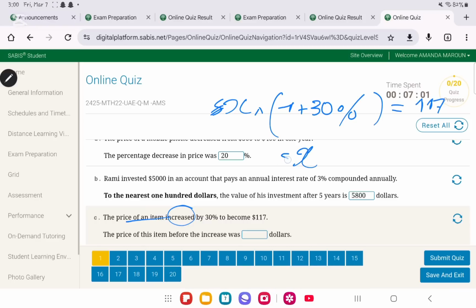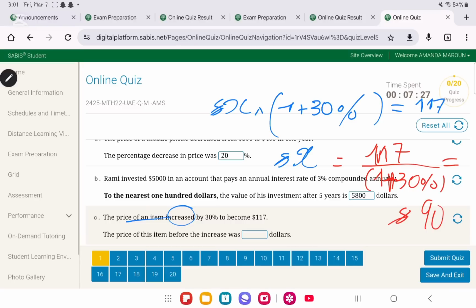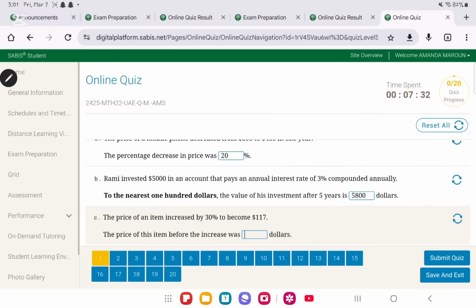So X dollars is equal to 117 divided by 1 plus 30%. This is plus. Okay, so on your calculator, if you put 117 divided by 1 plus 30%, you are gonna get $90. So the price of this item before, pay attention, before the increase was $90.